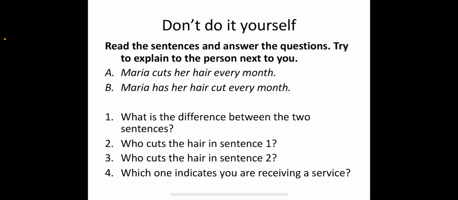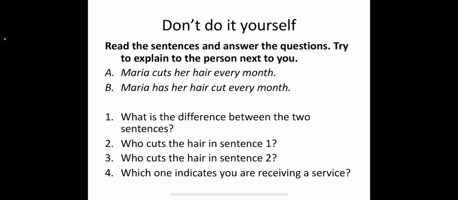So we change the emphasis from the subject to another person doing something or affecting an object. So we call this type of structure the causative, and we use it again to indicate that we are receiving a service or that another person is doing something for us.